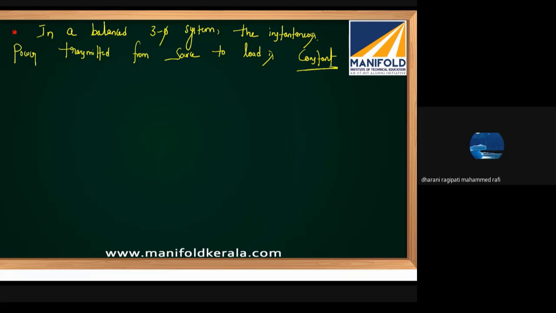What is the constant value? Root 3 times VRMS IRMS cos phi.